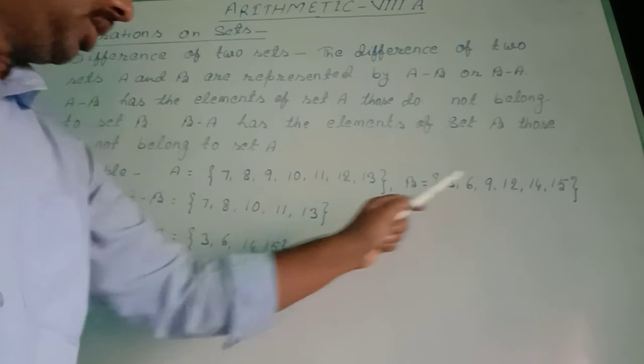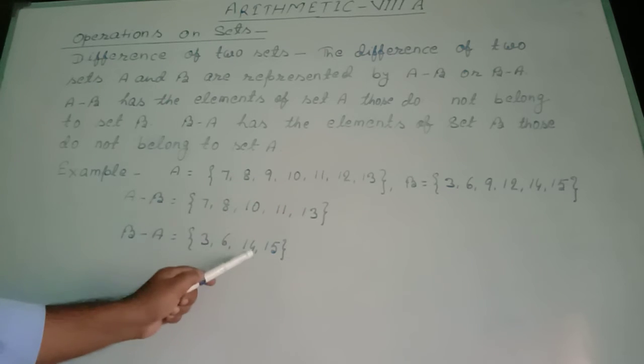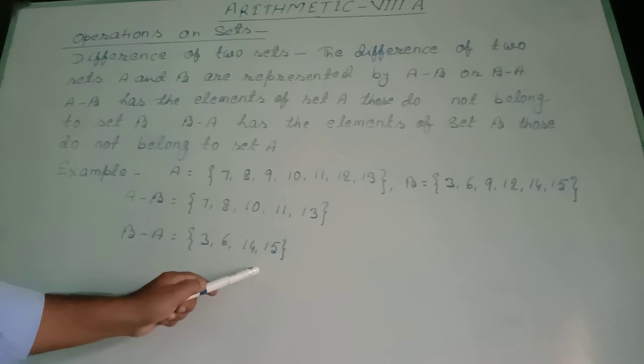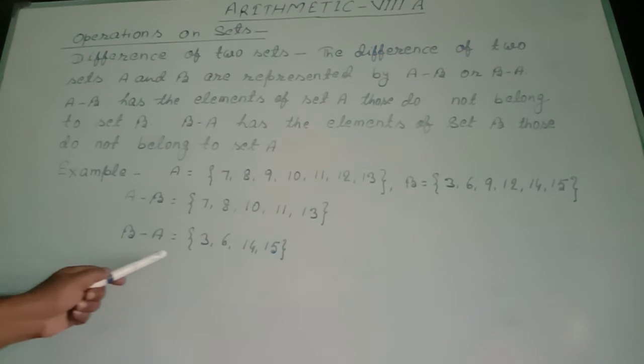Now 14 is here, 14 does not belong to set A, so I wrote 14. 15 is here, 15 does not belong to set A, so I wrote 15. So B minus A became 3, 6, 14, 15.